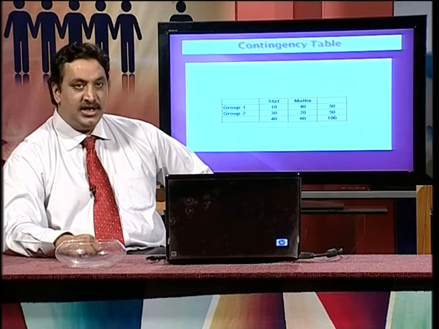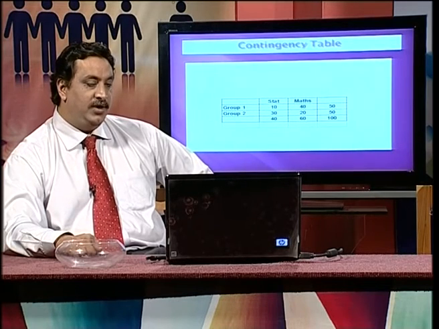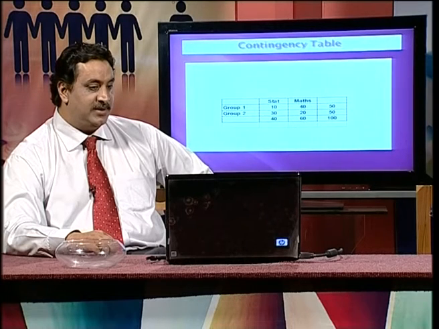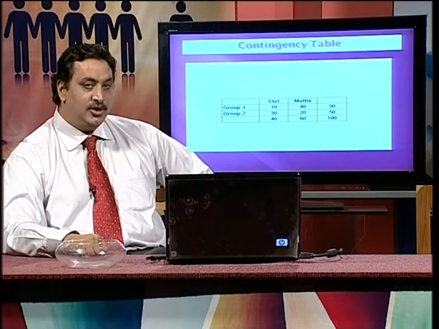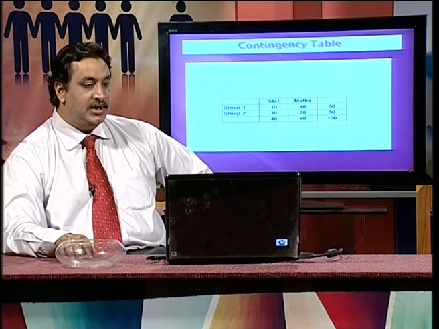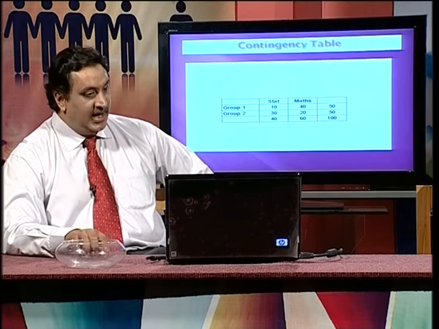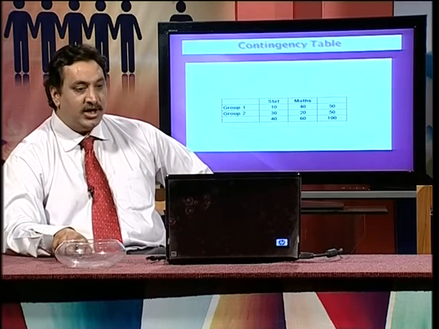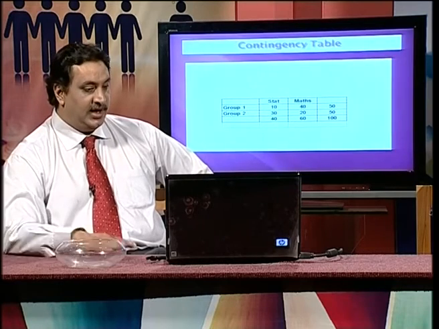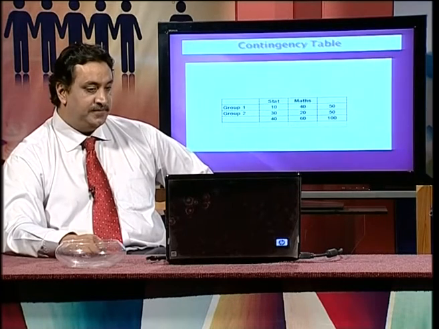Here the subjects are in the columns, and we use rows to identify the groups. Suppose group 1: in group 1, we have 10 students who opted for statistics, and 40 students who opted for mathematics. In the last column, we have the totals of group 1 and group 2 individually, and of stats and maths individually.